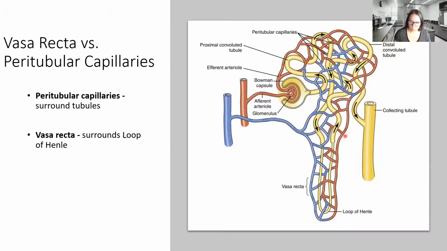So for example, the vasa recta is involved with the countercurrent multiplier, which is going to help create that concentrated urine. The peritubular capillaries have a different role in that particular aspect of the kidney. So I really like to make that distinction, so when you get into physiology, you already know they're two separate identities of these capillaries.